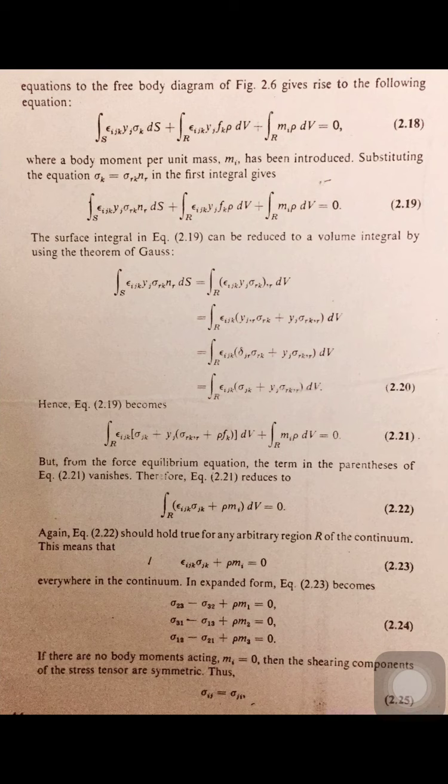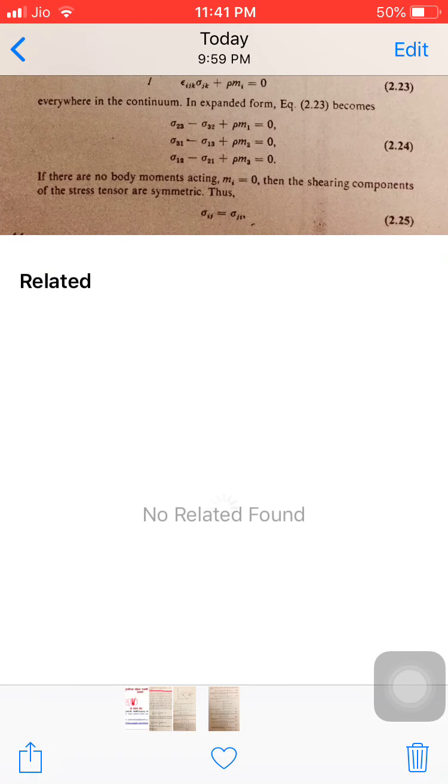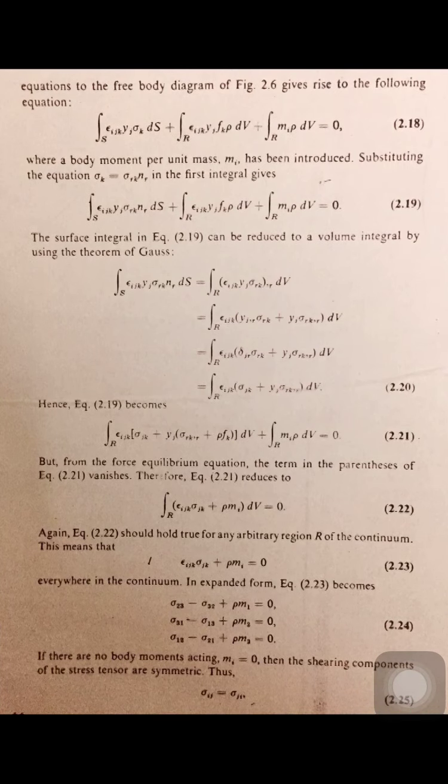So three terms we have taken, and by using the Gauss theorem we convert into two terms. In the two terms of equation 2.22, using the force equilibrium equation and putting 0, we convert 2.21 into 2.22 and finally get 2.23, which is the moment equilibrium equation. So today we have derived two types of equilibrium equation, of forces and moments.